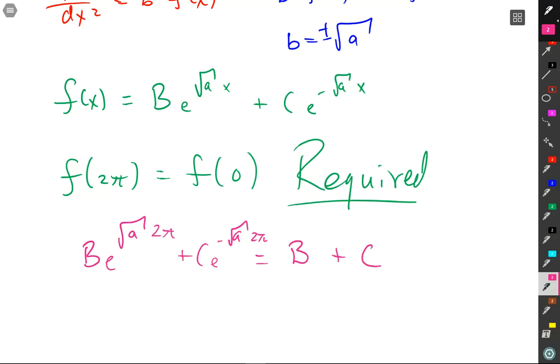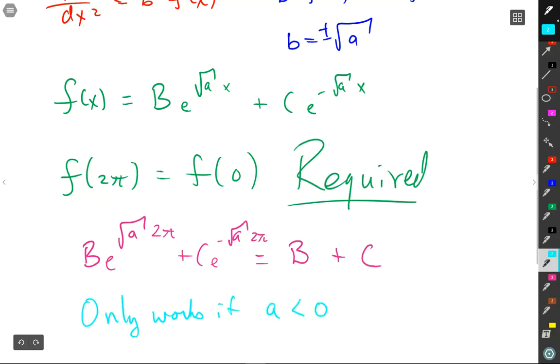If a is a negative value, I have a square root of a negative, and what does that give me? Yeah. And so what we have to say is, aha, it only works if a is less than 0.